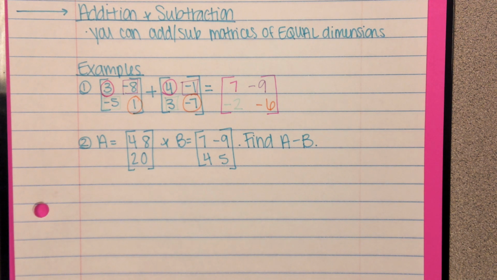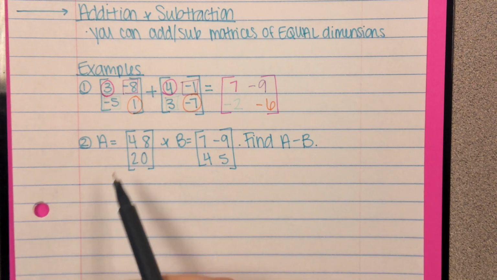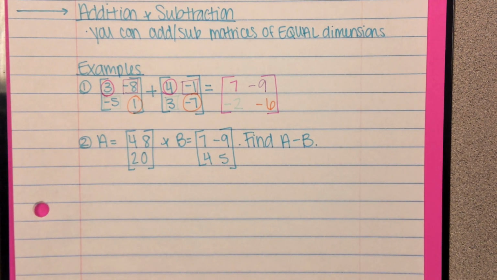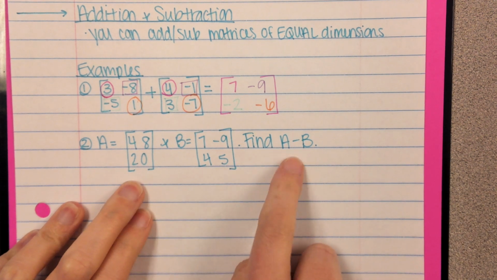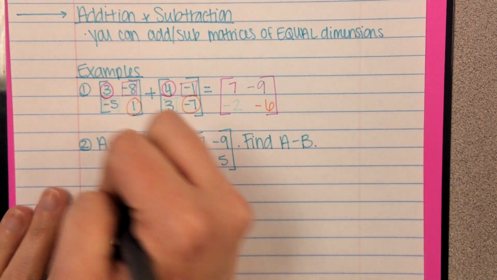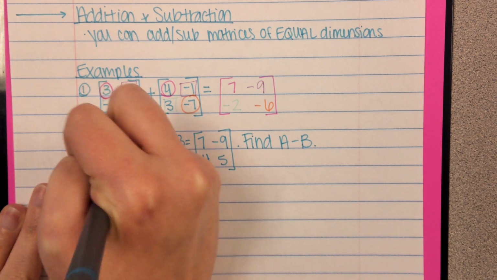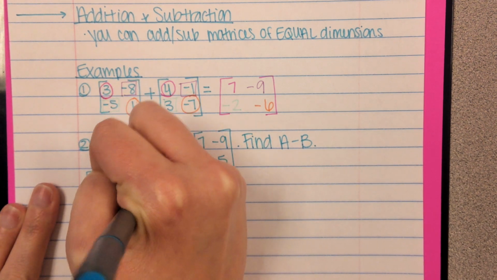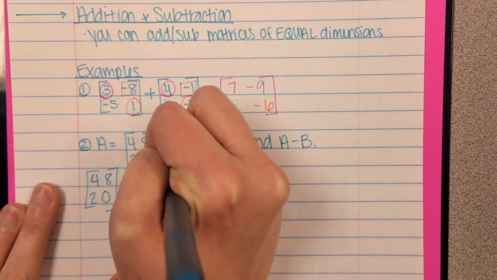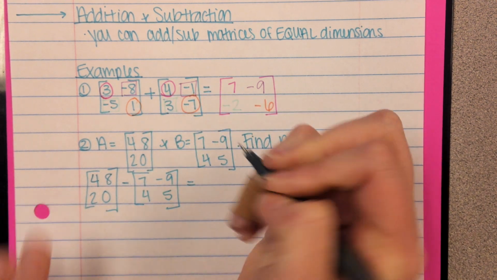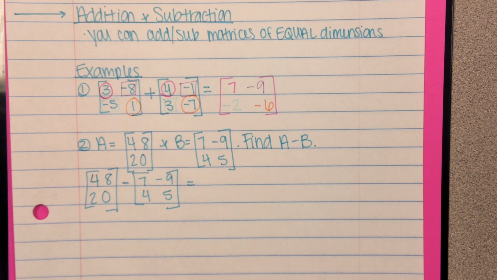All right, so number 2, you have A equals this matrix, B equals this matrix, find A minus B. So we're just going to put those matrices in our expression. So we have 4, 8, 2, 0, minus 7, -9, 4, and 5. And we're just going to do that subtraction. So just like we did before.